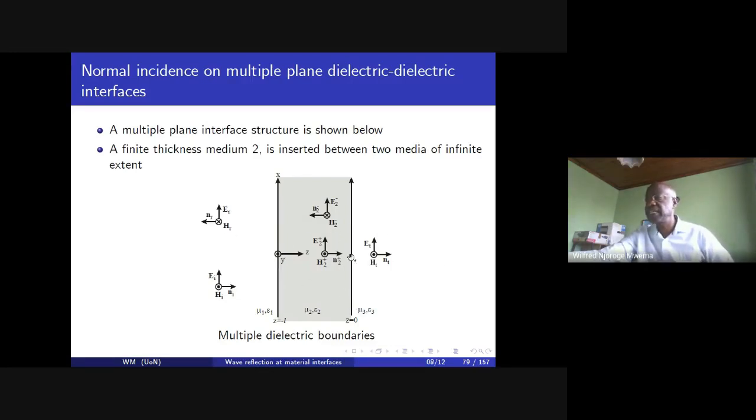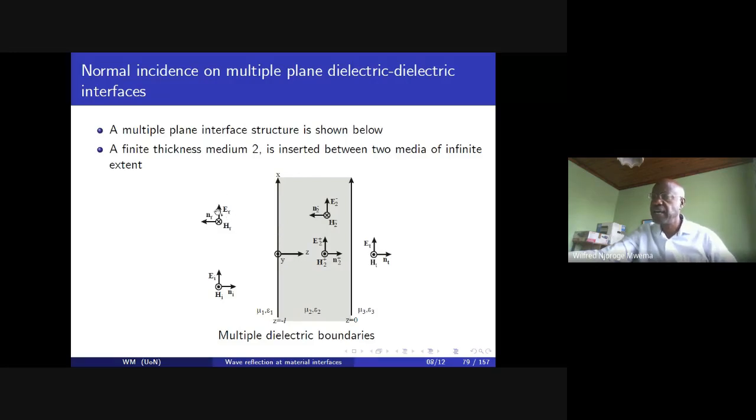So in the steady state, all we have is a sum of the reflected waves at the interface at z equal to minus L plus the reflected waves at the interface at z equal to 0 that are transmitted into it.